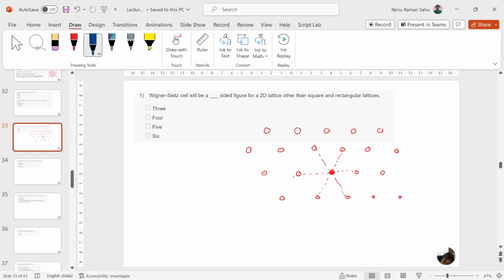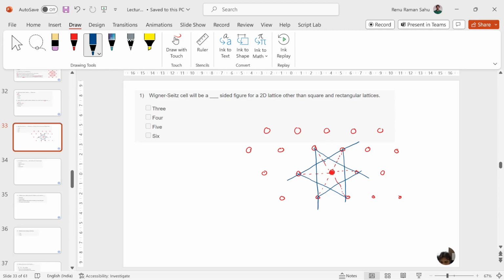The perpendicular bisector of this line will be this, of this one will be this, and so on.